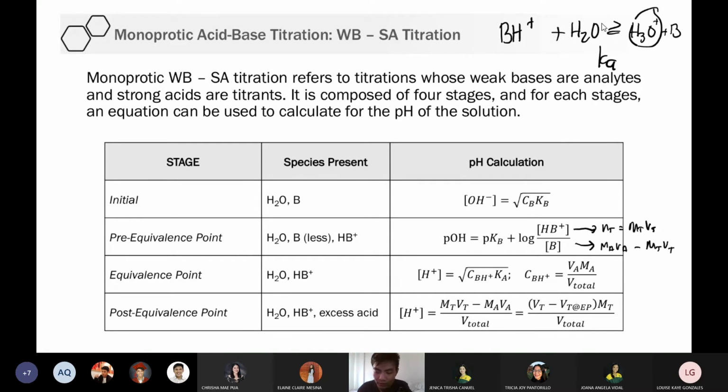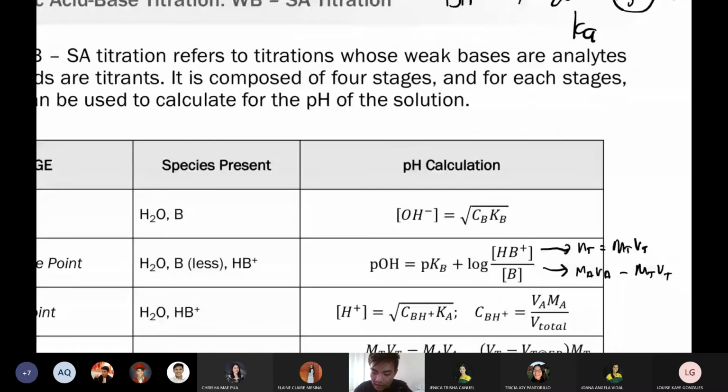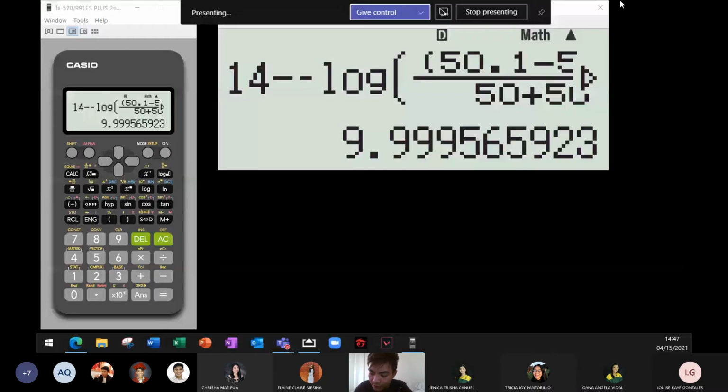So, using equilibrium, let's write the Ka. We know Ka is the concentration of acid times the base divided by the conjugate acid. Yung water, di mo sasama. The ice table will tell you the numerator is x squared, the denominator is the concentration of BH plus minus x.